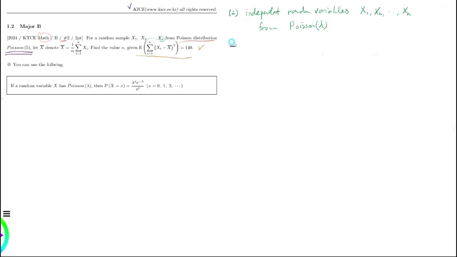Let me define a new random variable Y, which is the sum of all the random variables from capital X1 to capital Xn, and then this new random variable Y also has a Poisson distribution with parameter n times lambda.